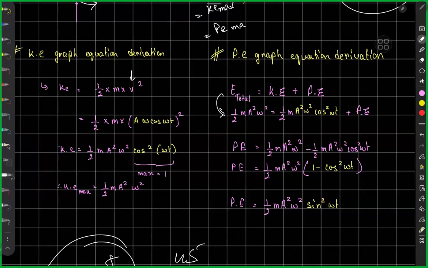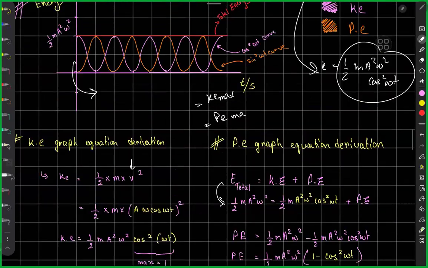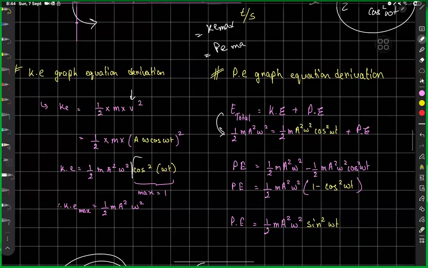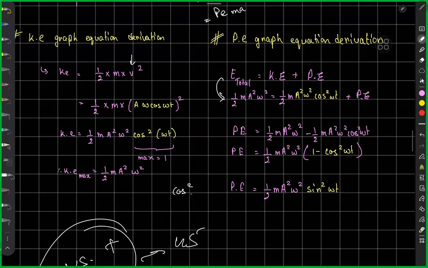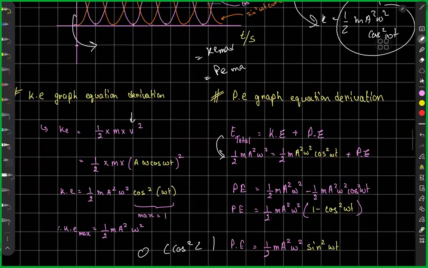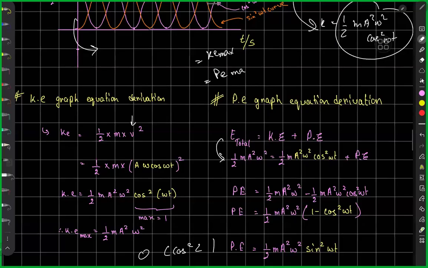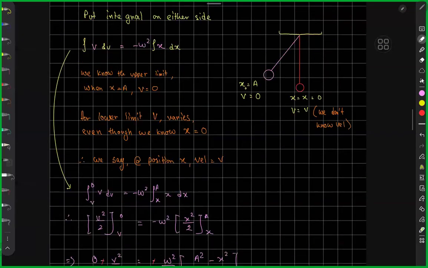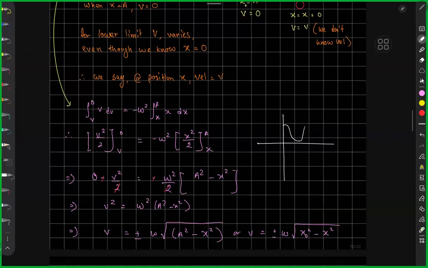How, you ask? Look, this is the kinetic energy formula we found over here. I'm simply going to replace cos square omega t with 1. Why? Because when do we have the maximum value of kinetic energy? Cos square varies from 0 to 1, by the way. If you don't know, this is a cos square curve.